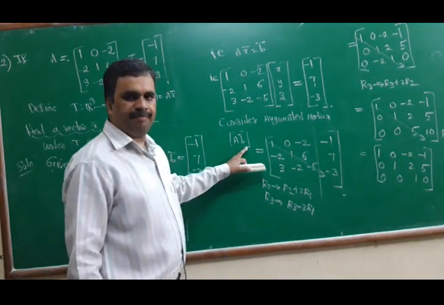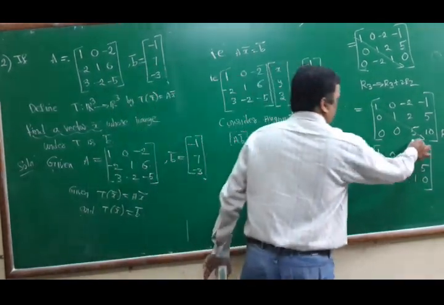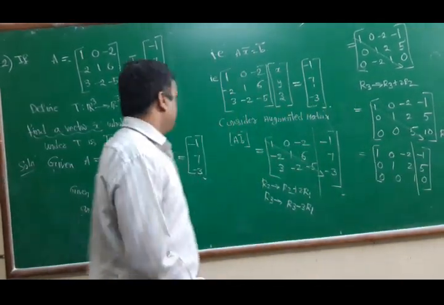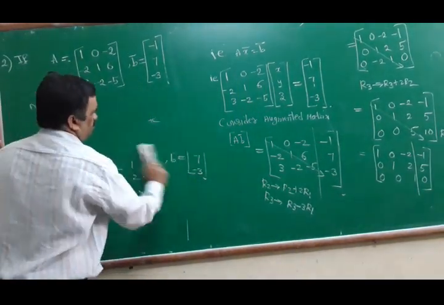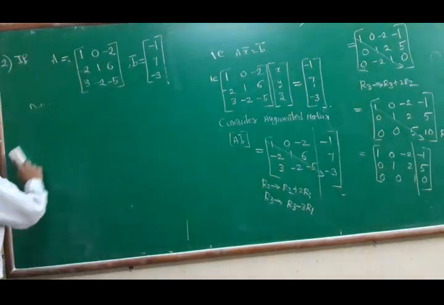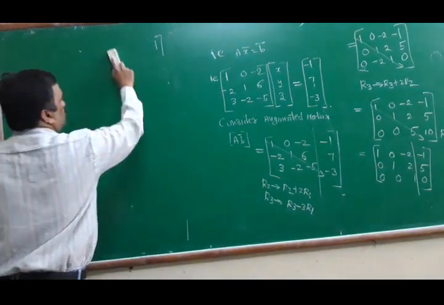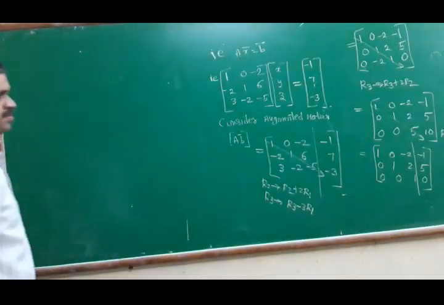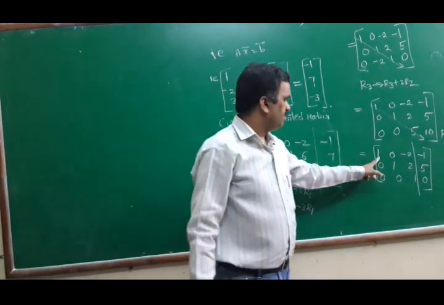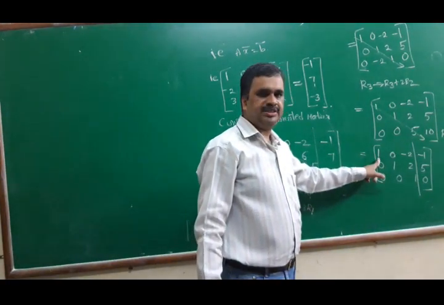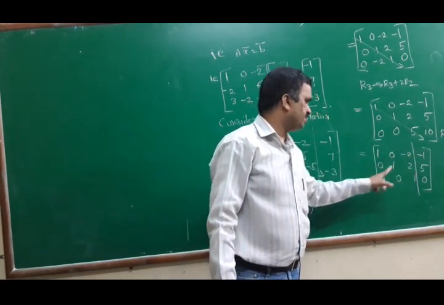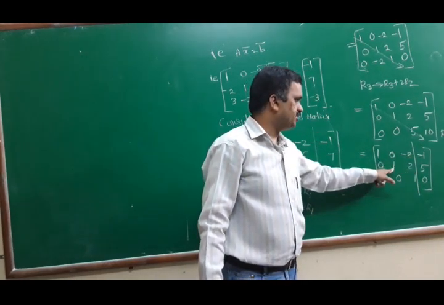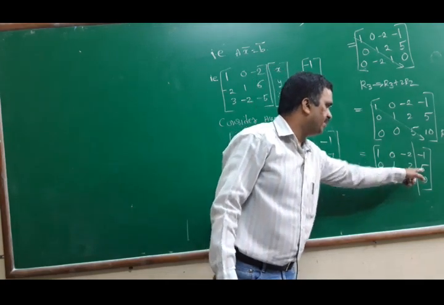A B bar. Now write the equations. First equation: 1 into x1, 0 into x2, minus 2x3 is equal to minus 1. Second: 0 x1, 1 x2, 2 x3 is equal to 5.